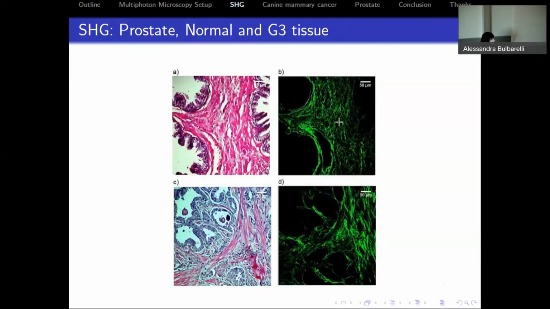And so the first ideas in the literature, there are a few papers over about the last 10 years, show that depending on the cancer, you get different organization of the collagen around the glands in the tissue.